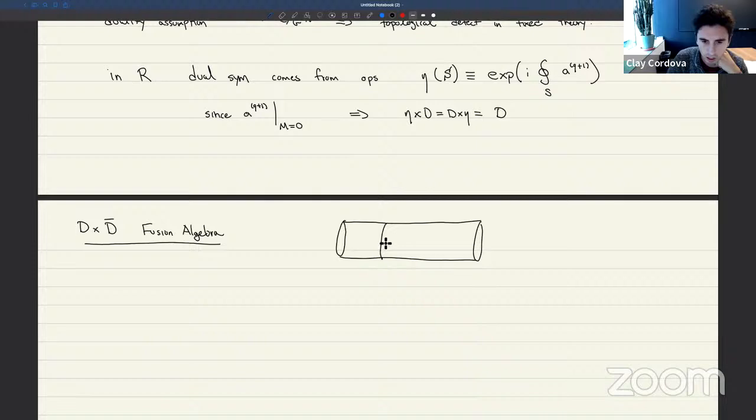So here's a manifold. I'm imagining locally that the space-time looks like M times R. This cross section is M here. M is the locus on which we placed this defect. So here's D, and here is D bar. D bar is just D with the opposite orientation. And in between D and D bar is a region where we are gauging this.